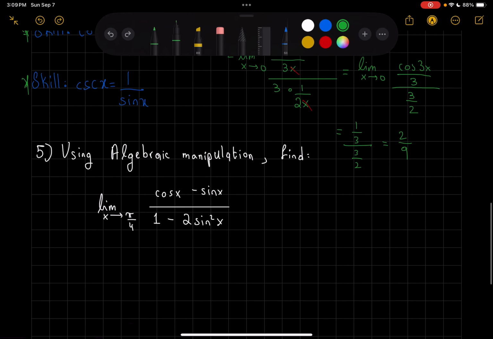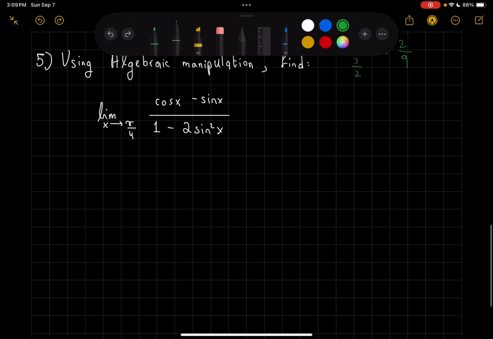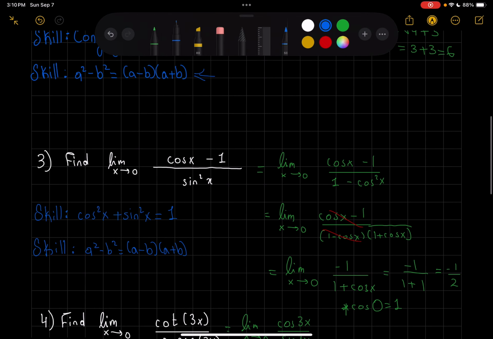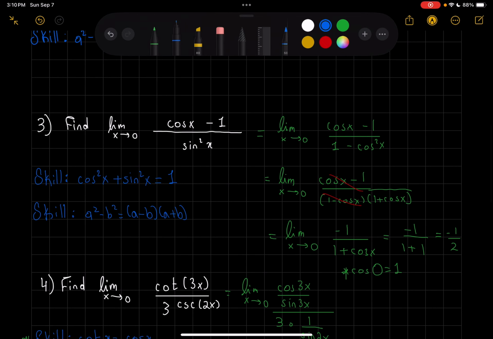Similar to the question before, the skills over here that we are going to use as well is going to be cosine squared x plus sine squared x equals 1. Now, over here though, in the previous question, sorry, not this question, this one, number 3. In this question, we noticed that we have cosine x and we have 1.